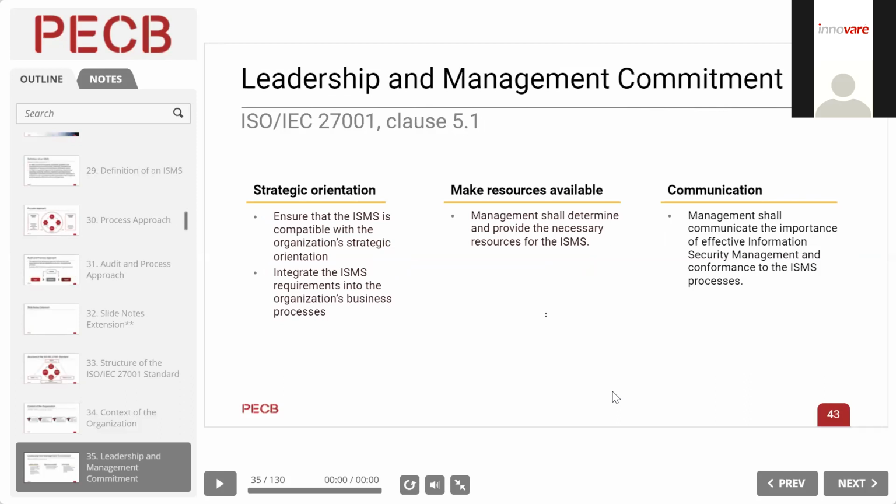Then we need to look at leadership and management commitment. Again, this is a very critical component. If your top management are not on the same page in setting up an information security management system, forget it, it will not work.